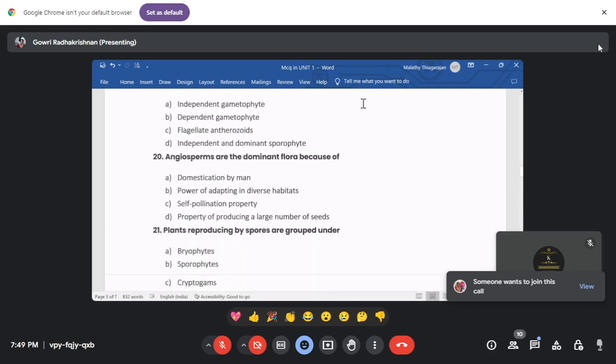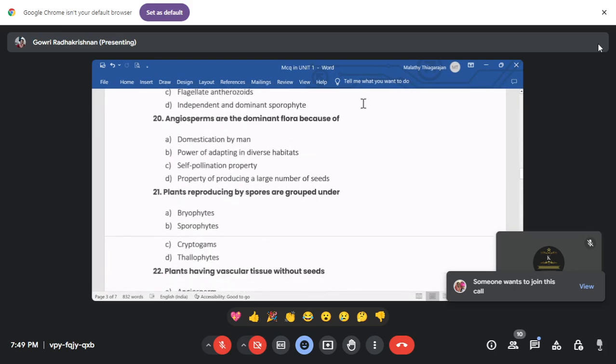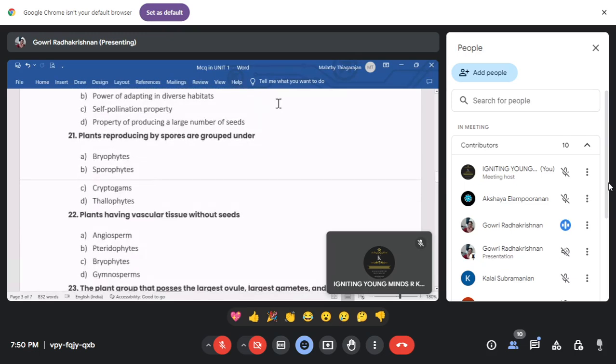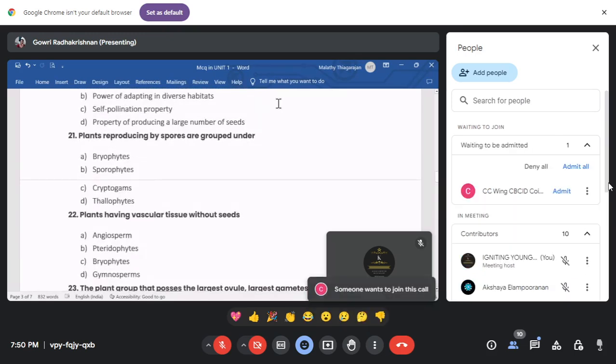Okay. 21. Angiosperms are dominant flora because of a power to adapt in diverse habitats. Correct. Then plants reproducing by spores are grouped under cryptogams. Correct.